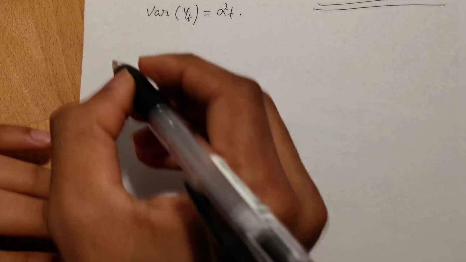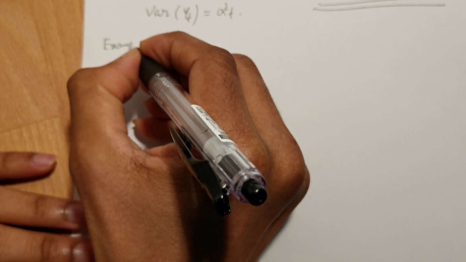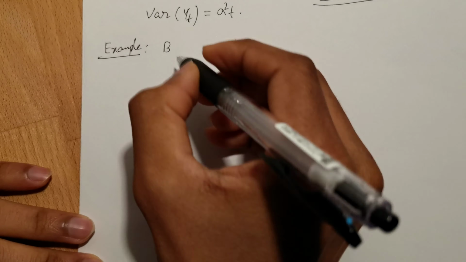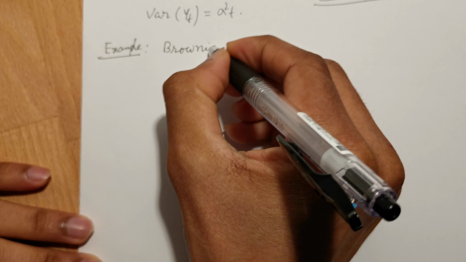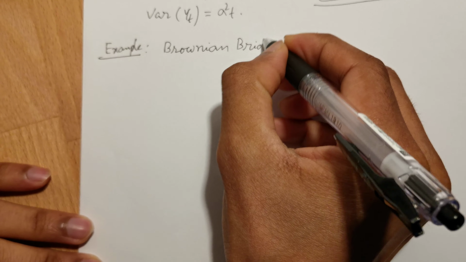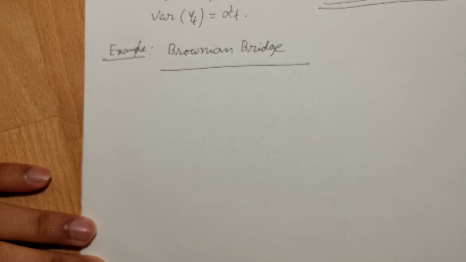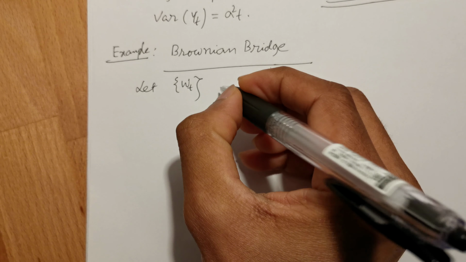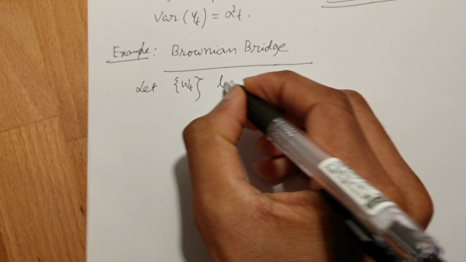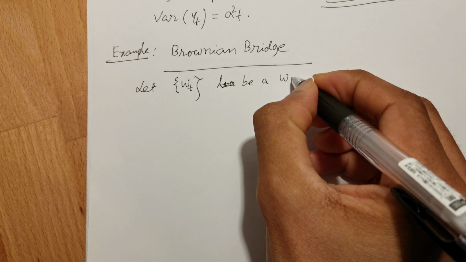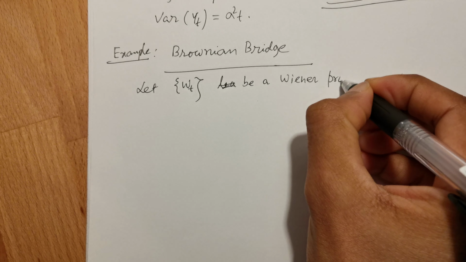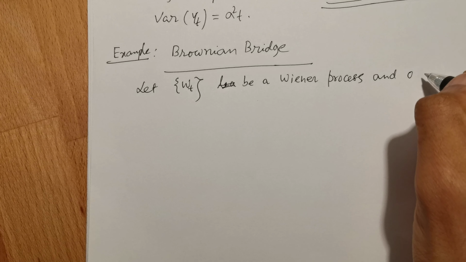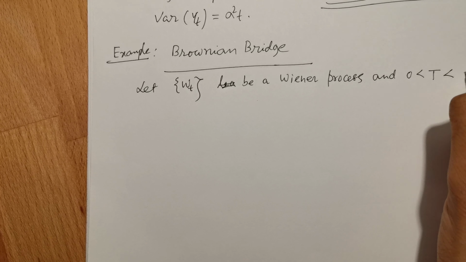Now the next example is the Brownian bridge. What is a Brownian bridge? Let Wt be a Wiener process and 0 strictly less than capital T less than infinity.